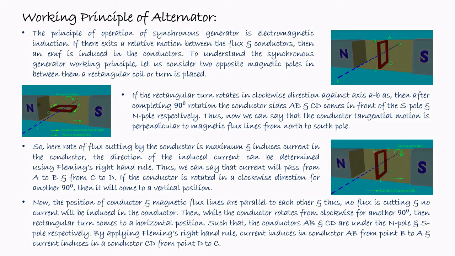But now if the conductor rotates 90 degrees further, then the CD side will be near the South Pole and the AB side will be near the North Pole. Therefore, applying Fleming's right hand rule, we can again easily find out the direction of the induced EMF or the current inside the conductor. And here we can see that the current will be from D to C on one side and from B to A on the other side.